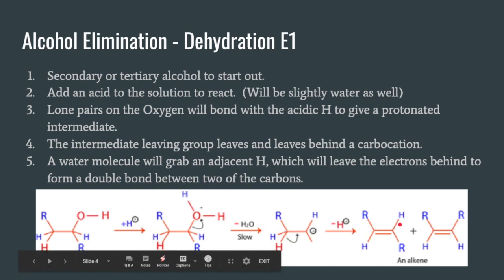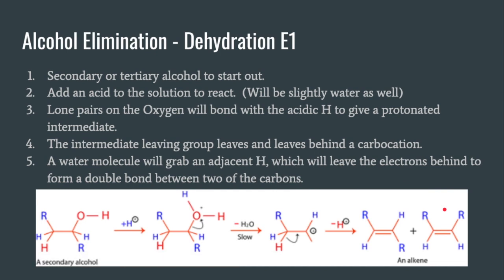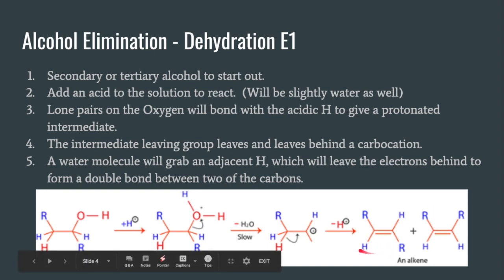Once we form our alkene, you notice that there are two products at the end. The two products are isomers, which we get because of the different ways the molecule can form. This first one is known as a trans alkene, where the hydrogens are on opposite sides, and this one is known as a cis alkene, where the hydrogens are on the same side.